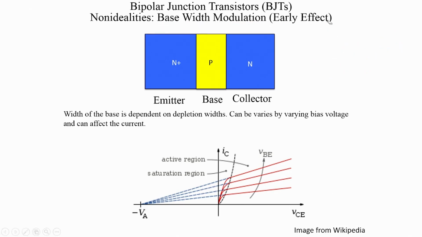And the idea behind the base width modulation is actually quite simple. So, what is the width of the base? Let us say here we have taken an NPN device, okay, because this plot corresponds to an NPN device, and I have borrowed this plot from an online website. So, in the case of a BJT, you have your emitter, base and collector, and you have these depletion regions, right.